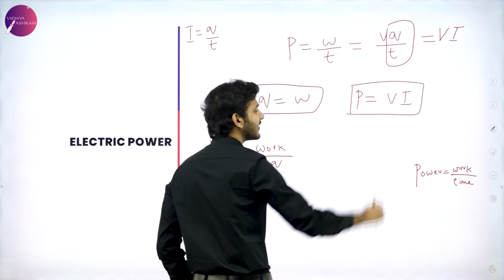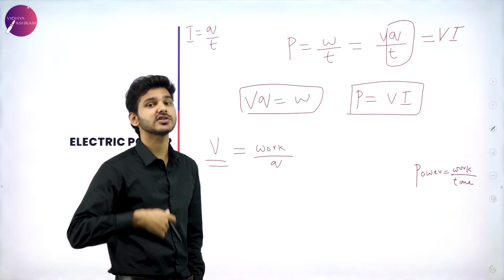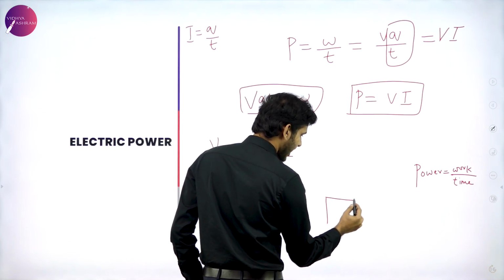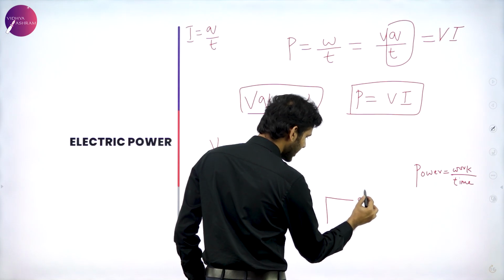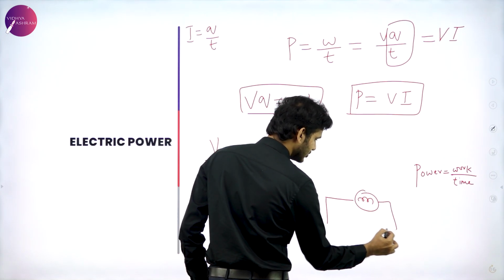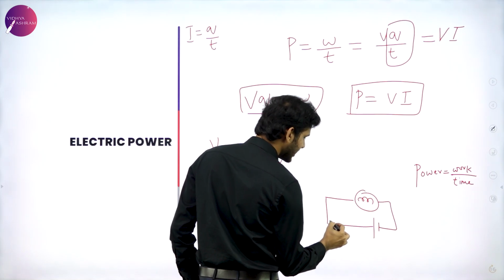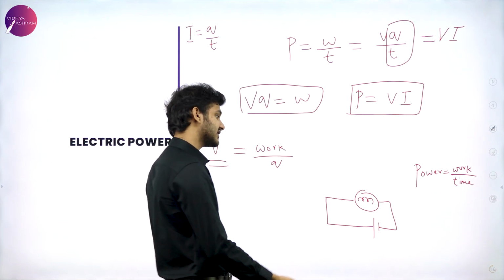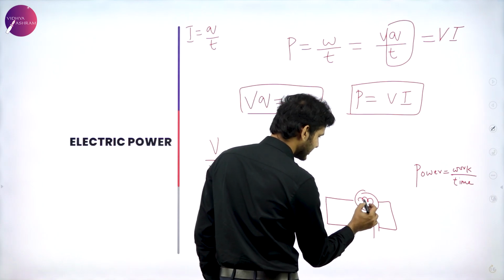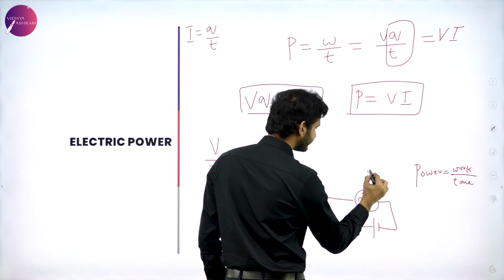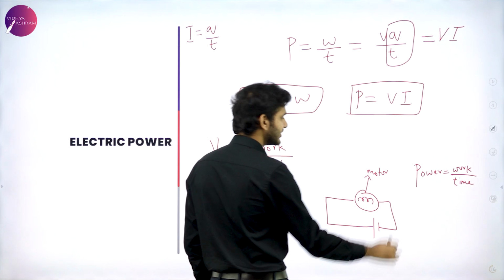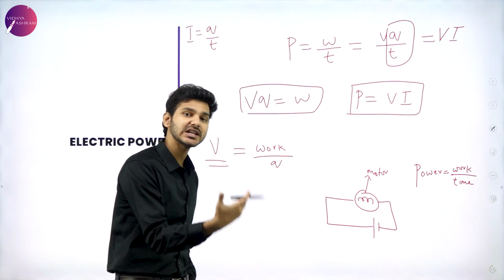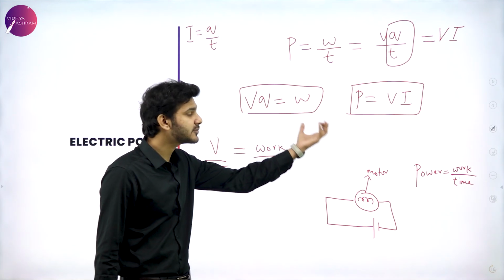So if I am talking in terms of current and voltages, that is, if I am saying that I have connected an electric bulb to a circuit, then I can say at what power that particular bulb is operating. Or let's say this is a motor pumping water. So I can say how much voltage, how much current it requires to work at a certain power level.